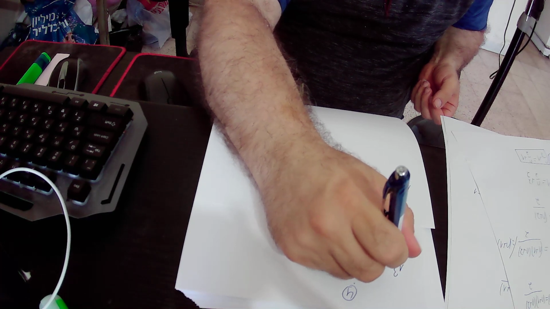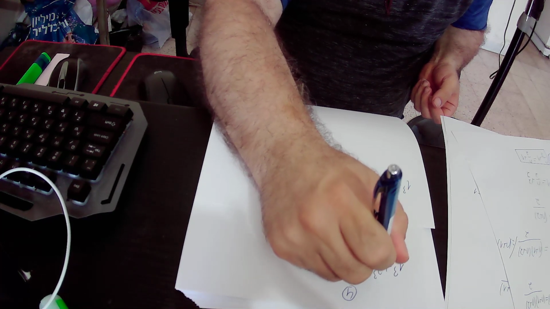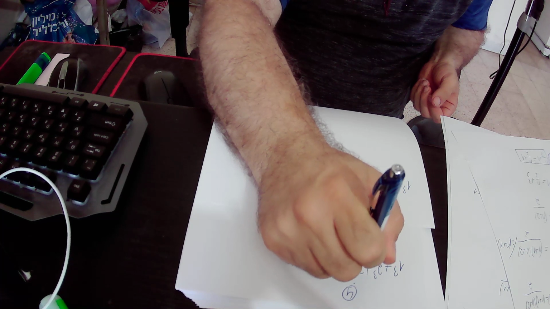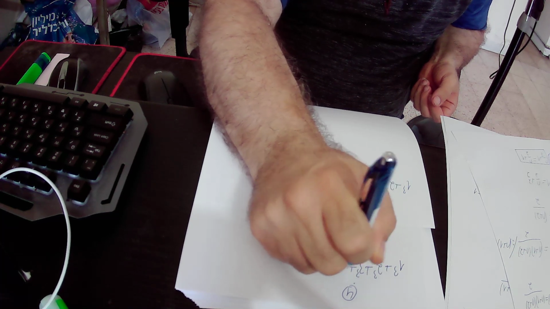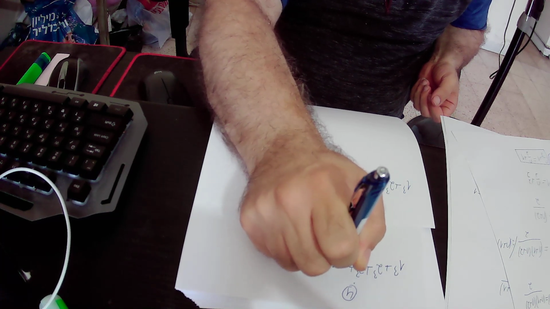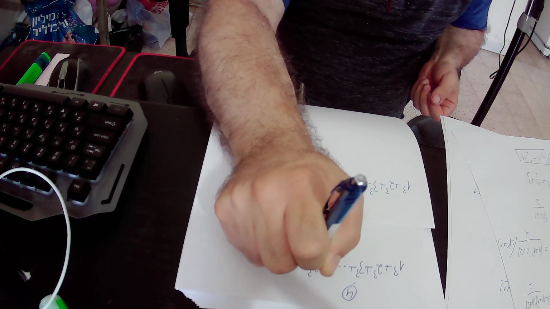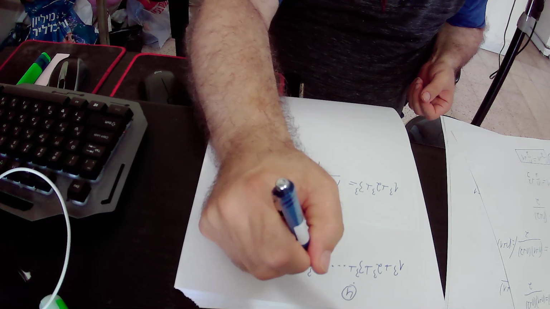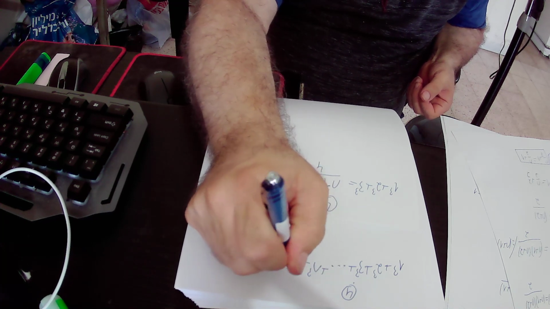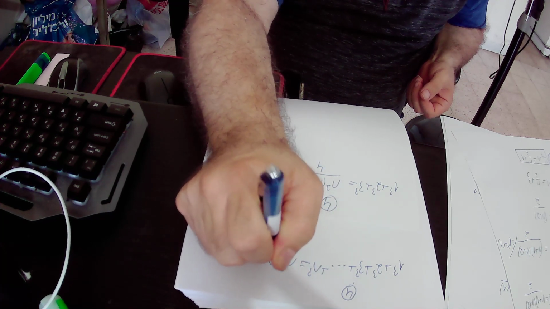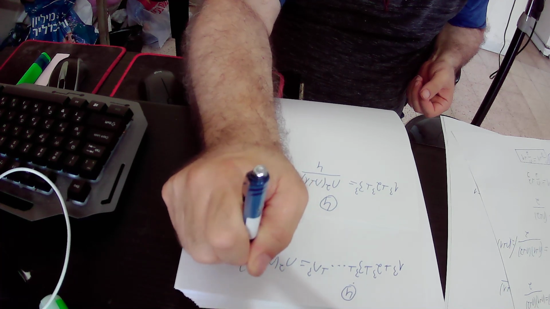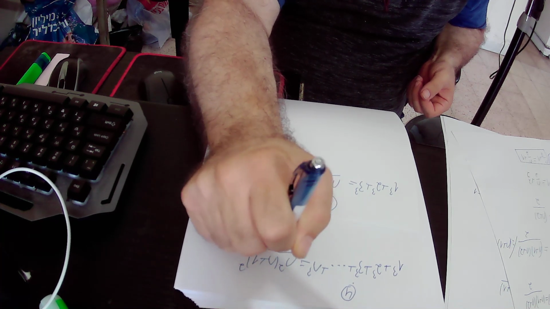The statement is 1 to the power of 3 plus 2 to the power of 3 plus 3 to the power of 3 plus ... plus n to the power of 3 equals n squared times (n plus 1) squared divided by 4.